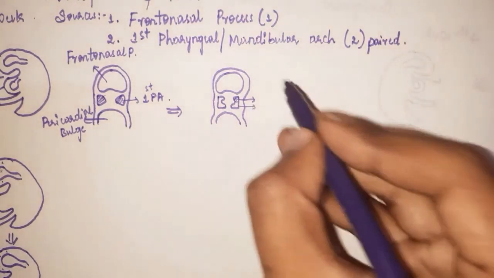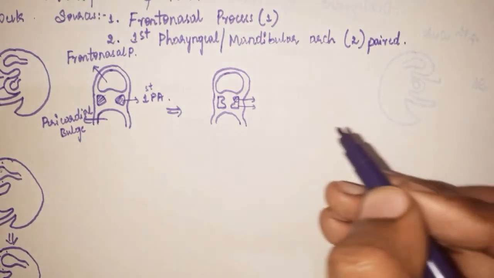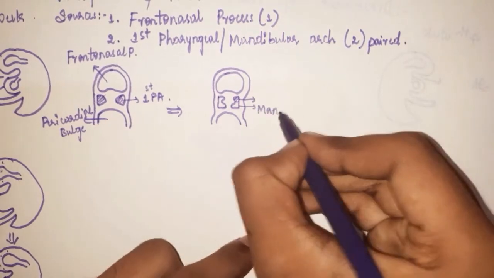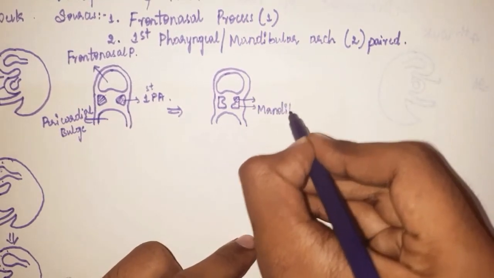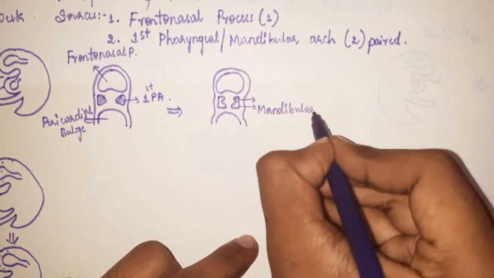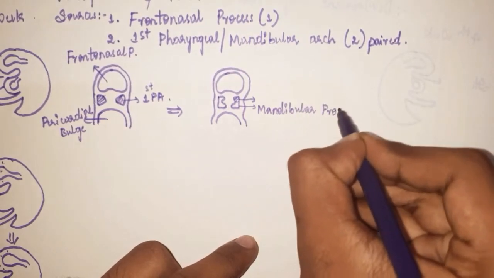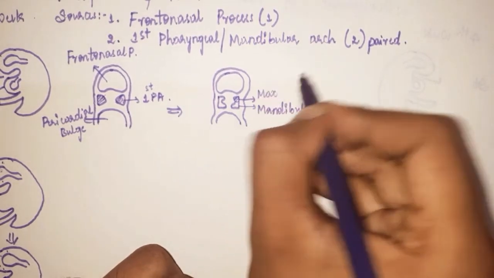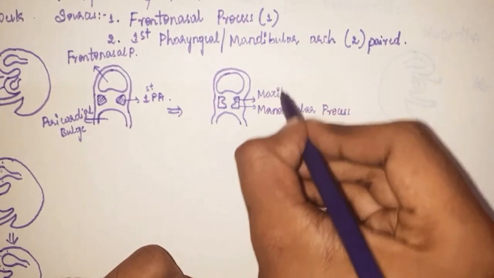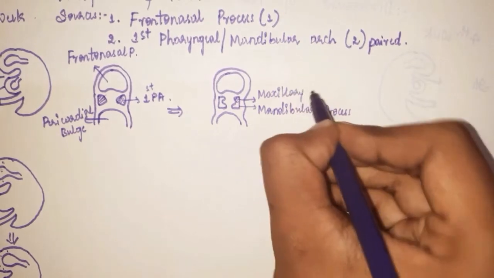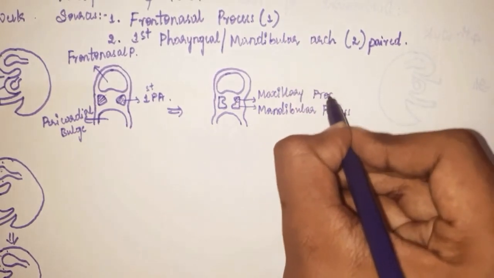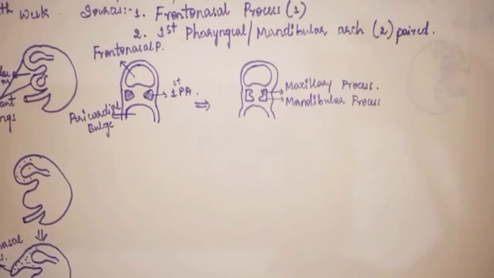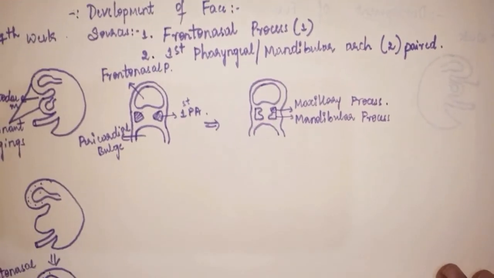The division of the mandibular arch, or first pharyngeal arch, is into the mandibular process and the maxillary process. The upper one is the maxillary process. These are the basics you should know.